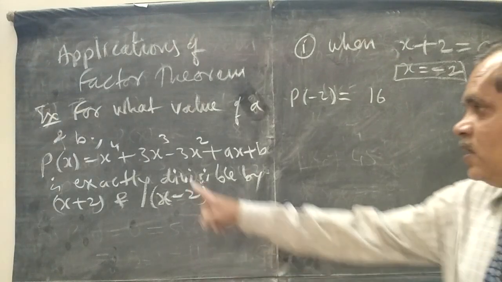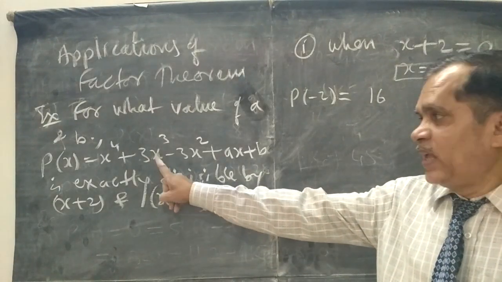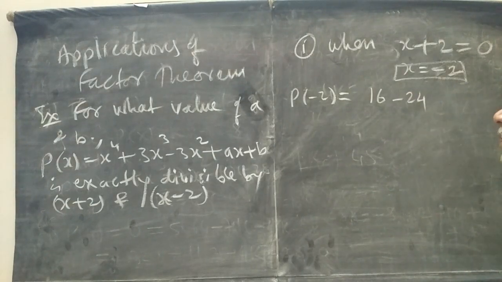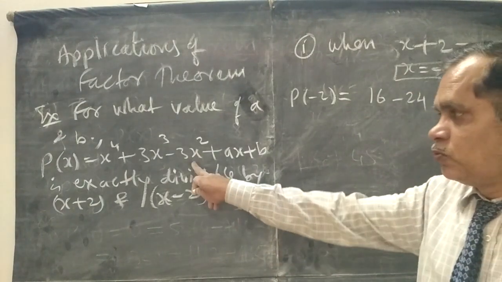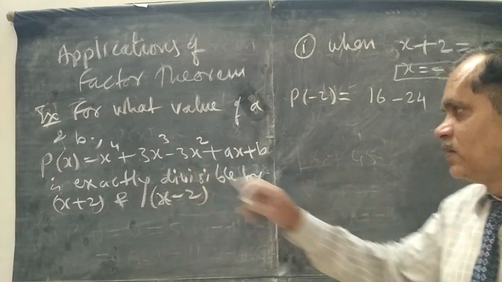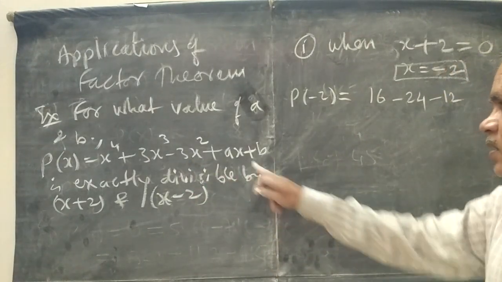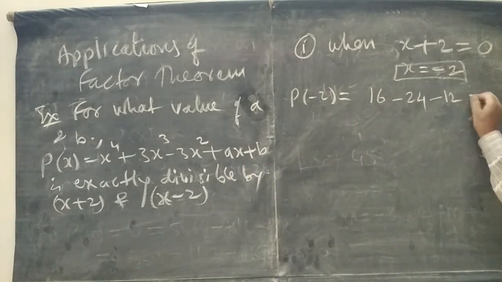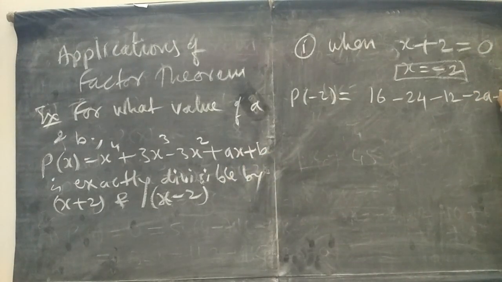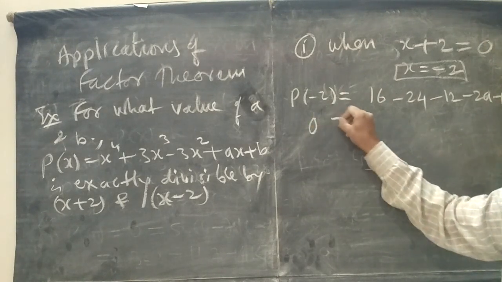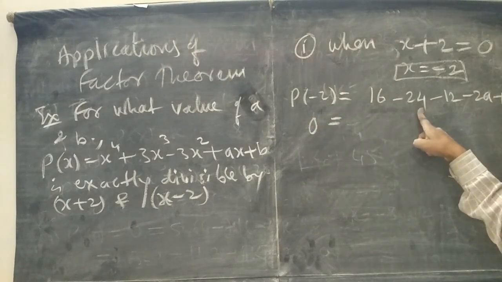Minus 2 cube is minus 8, minus 8 into 3 is minus 24. Minus 2 square is 4, 4 into 3 is 12, minus 12. Minus 2 into a is minus 2a, plus b. This is the remainder, what remainder? 0.